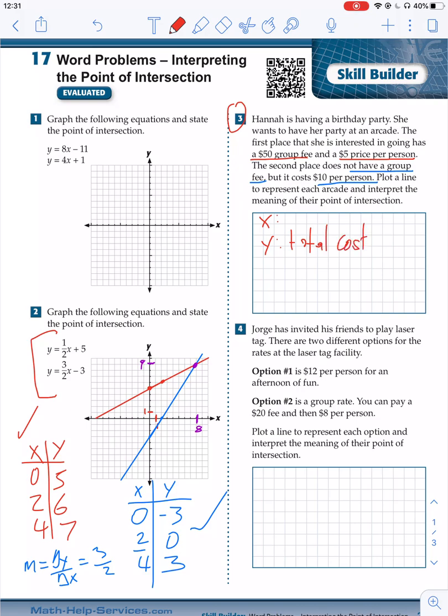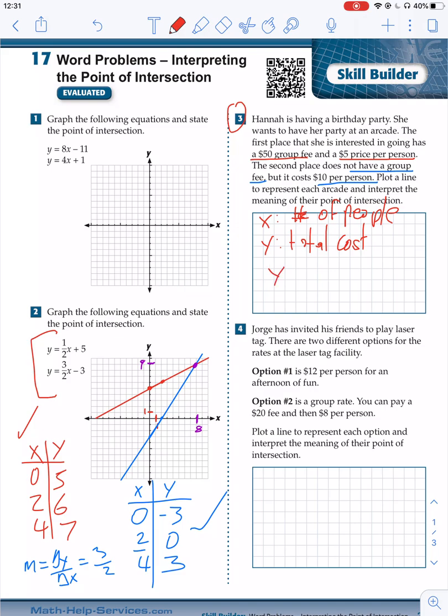If you read the question a few times, you will see that it's the number of people who will be attending Hannah's party. So define x and y.